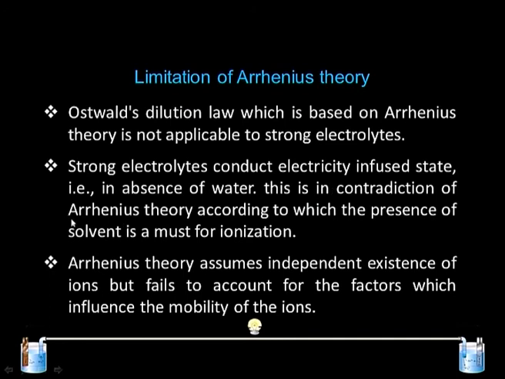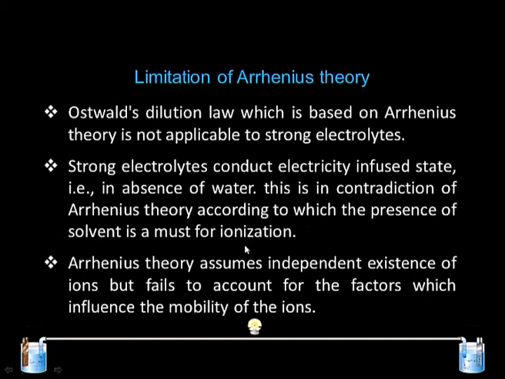A strong electrolyte conducts electricity in the absence of water. This is in contradiction of Arrhenius theory, according to which the presence of solvent is a must for ionization. It challenges the theory that electricity passes through a solid electrolyte without the need of water, but how is it possible?